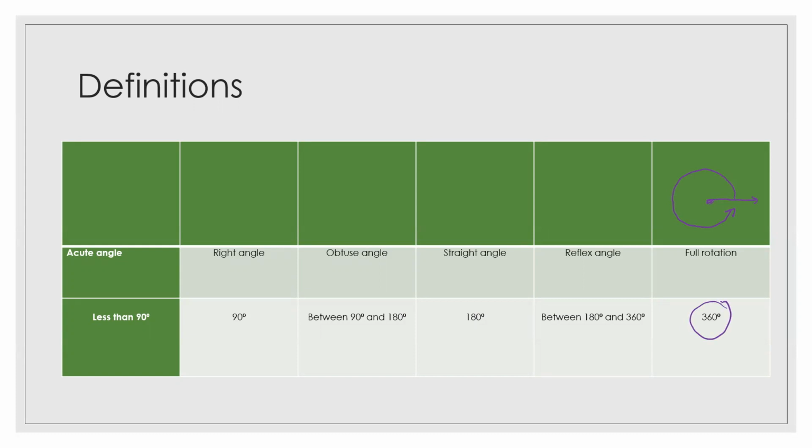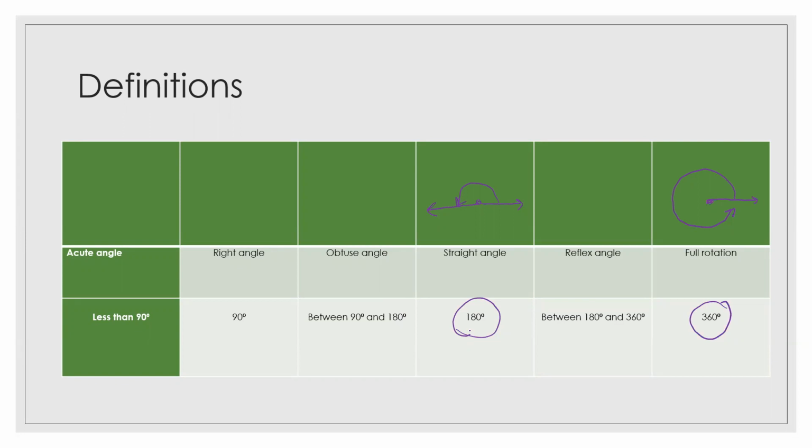All around a circle is 360 degrees. Now, what if you just go half of a circle, meaning from here to there? That would be half of 360. That's 180 degrees. That's what we call a straight angle.